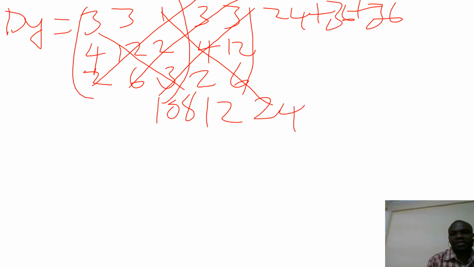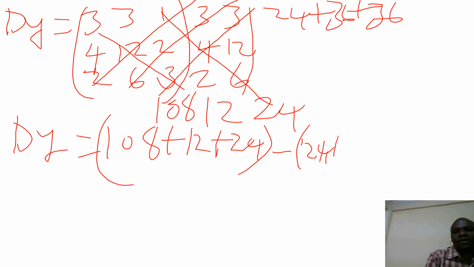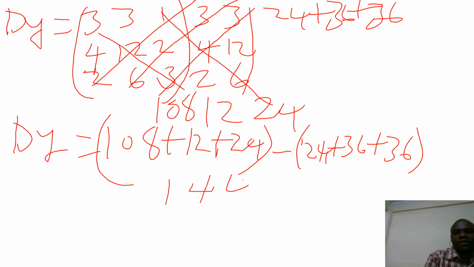So now I can say that my dy is equivalent to 108 plus 12 plus 24. Then all this I subtract it to the 24, plus 36 plus 36. So now if I add these, I get 144, then minus 96, which gives me 48.